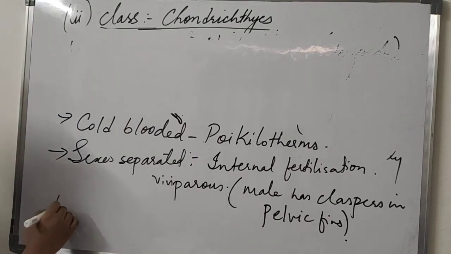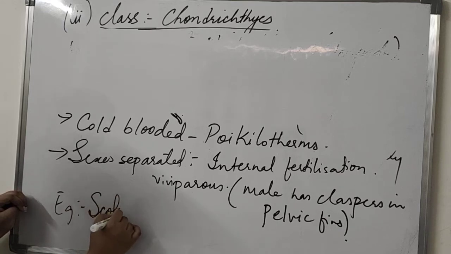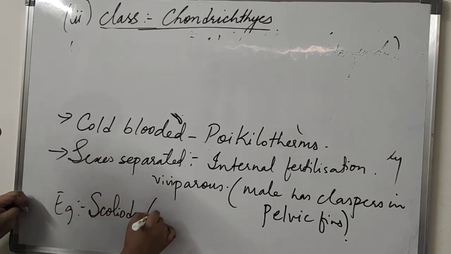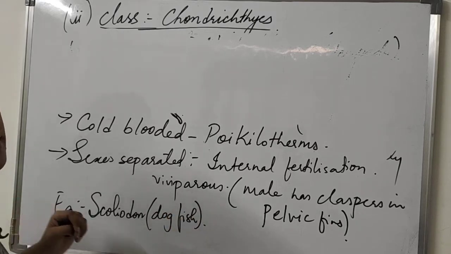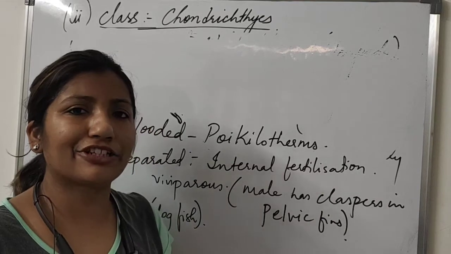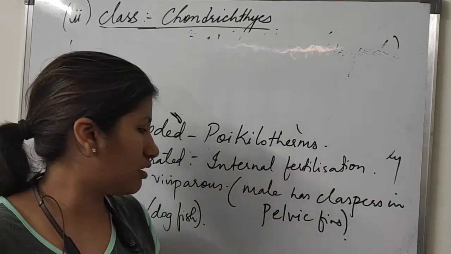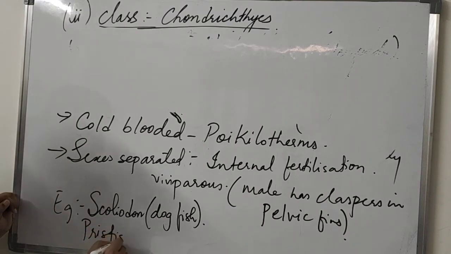So examples are Scoliodon, which we call dogfish. Dogfish are very small in size, and if you see, this fish looks like shark, like a small shark. Okay, dogfish. And pristis. Pristis are called sawfish also.